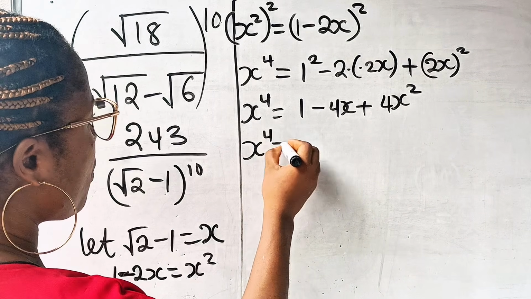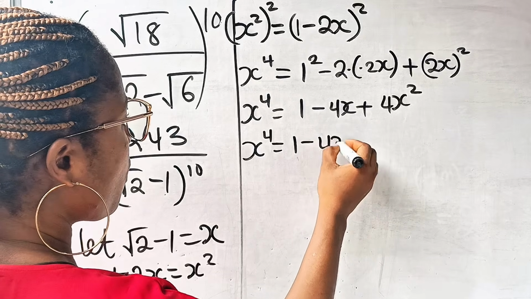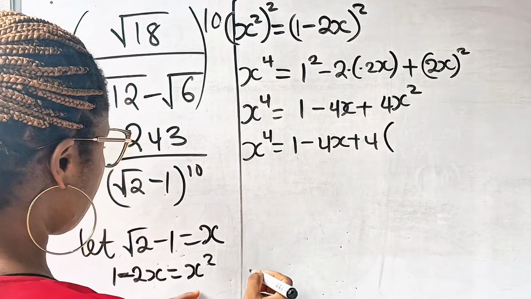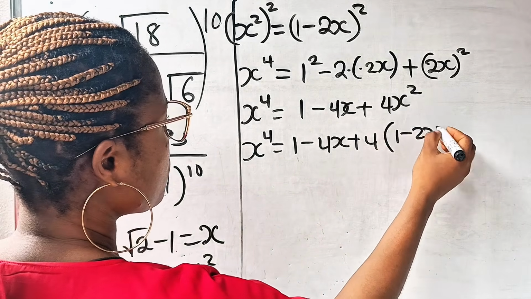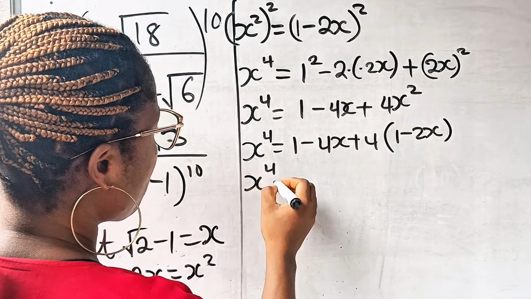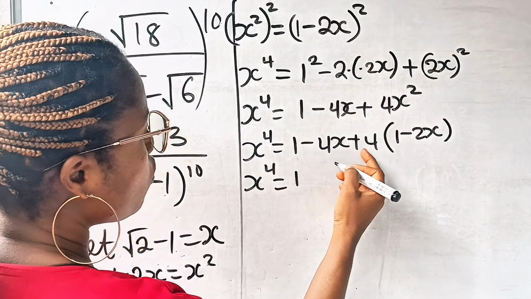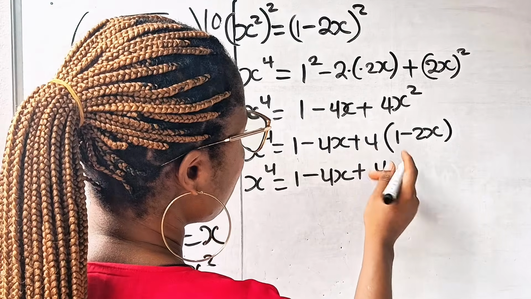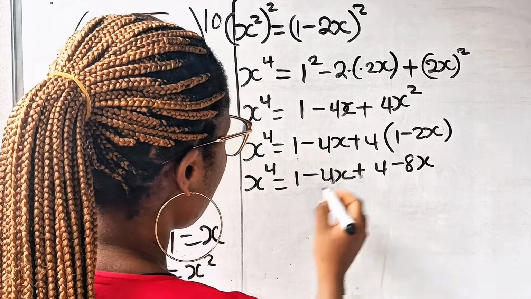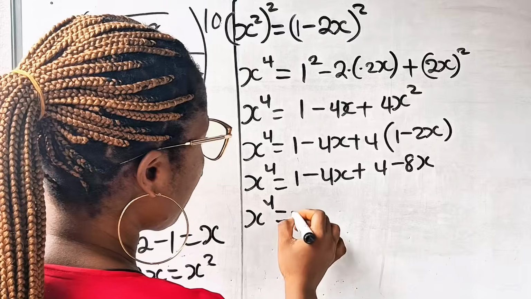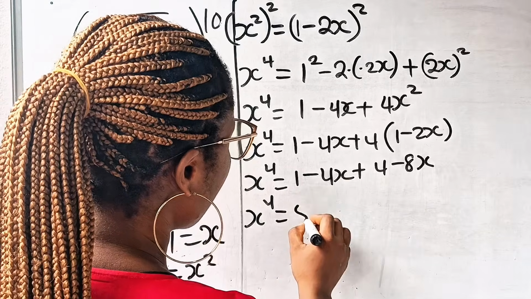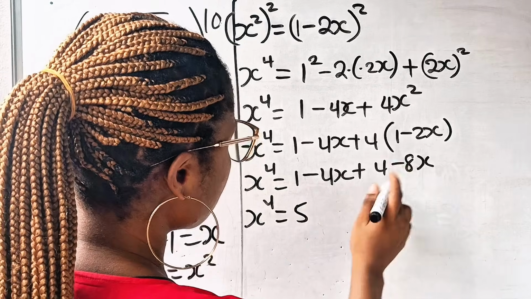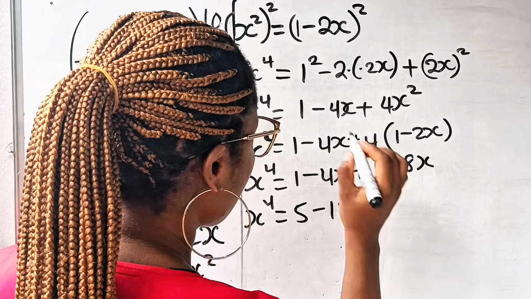So we have x to the power of 4 is 1 minus 4x plus 4 brackets, our x squared is 1 minus 2x. x to the power of 4 is 1 minus 4x plus 4 times 1 is 4, and 4 times this is minus 8x. So x to the power of 4 is 1 plus 4 is 5, minus 4x minus 8x is minus 12x.